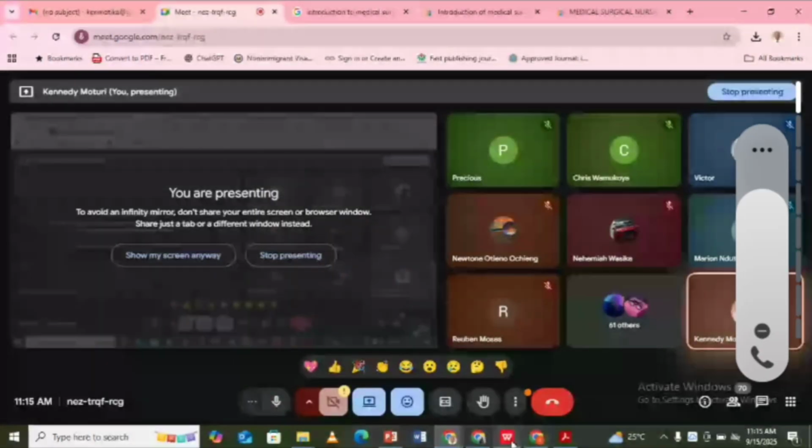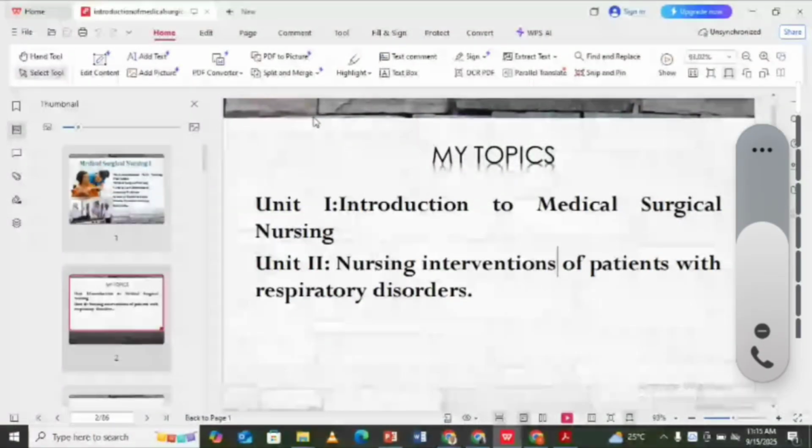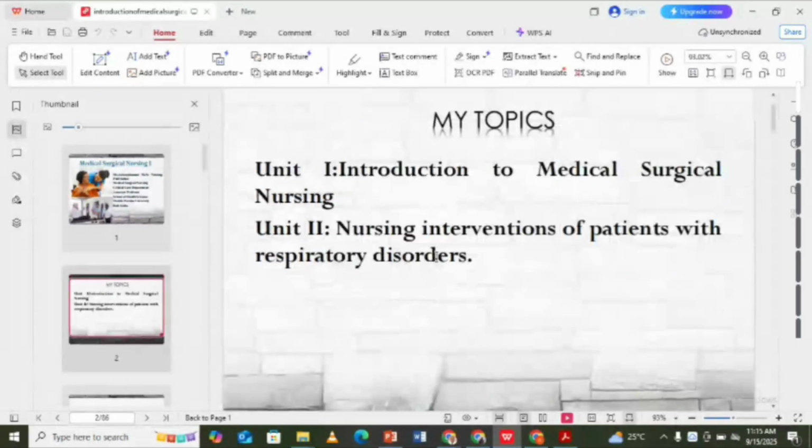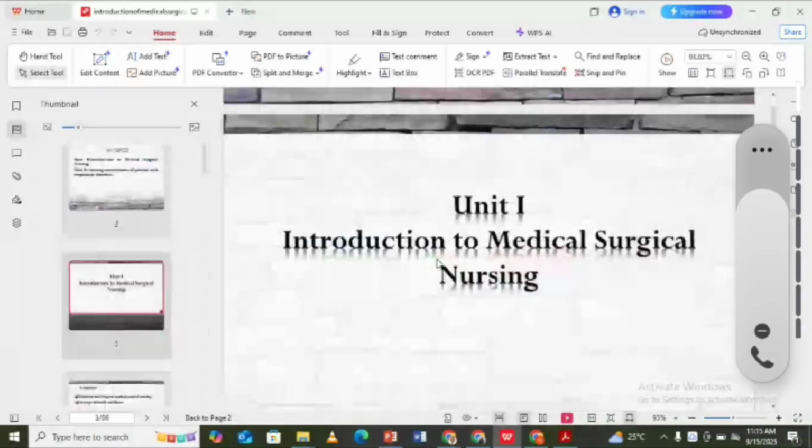So today I want us to talk about medical surgical nursing. We'll introduce ourselves to what it is, including discussing the nursing process, before we go to the actual conditions.